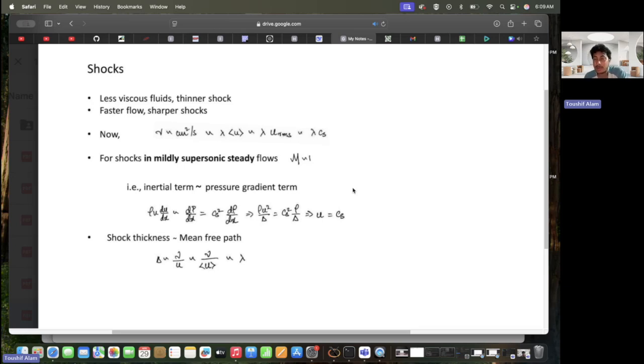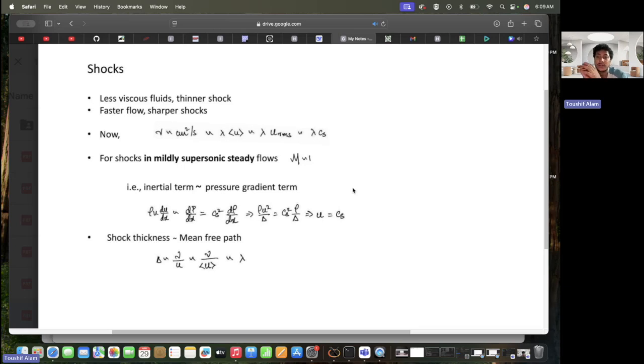We know the mean free path. The idea of mean free path is, suppose there are two atoms. Two atoms collide, right? The distance between these two particles before they collide is the free path. If you consider an ensemble of particles, then the average of that distance is the mean free path.